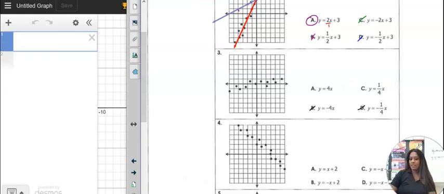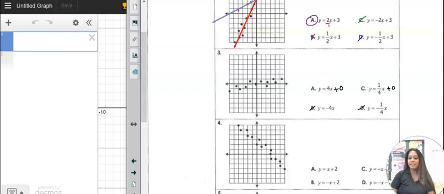This equation does look a little different only because there is no y-intercept written. But we can know that the y-intercept is just 0. We don't write it, but it's there. So it looks like the y-intercept is 0. This one also has a y-intercept of 0, so it could be either of them. It all depends on the slope.